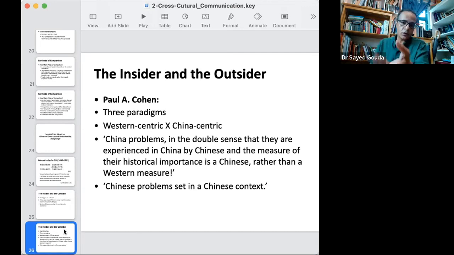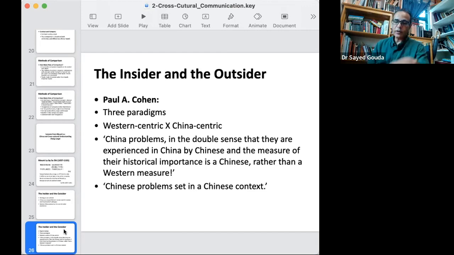Then after the establishment and the rise of New China in 1911, until, let's say, the 1960s, that's the second stage in which China tried to be modernized, to be a modern country, and to follow the footsteps of the West.